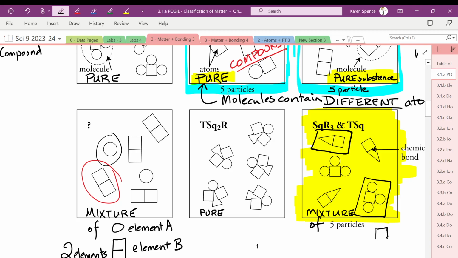Is this little guy here a compound or an element? That's a compound because it has 2 different types of atoms. And how about this one right here? That is a compound. So this is a mixture of 2 compounds.